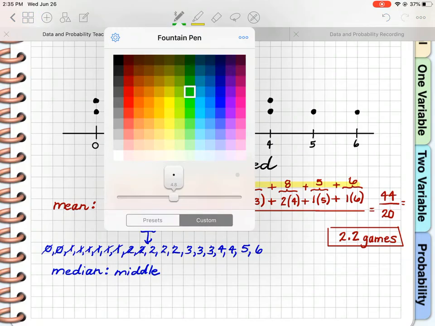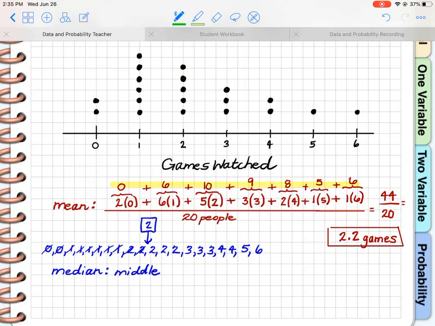Mode is the one that is seen the most. And on a dot plot, this is very easy to see because it's going to be your tallest bar. Wherever, if you've spaced them properly, that's why I used graph paper, it's this tallest bar. More people watched one game than any other number of games.